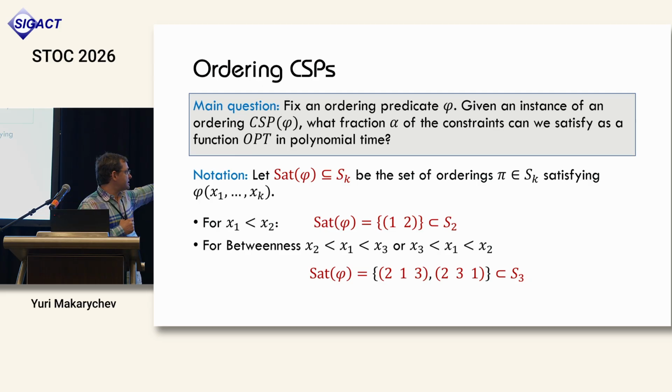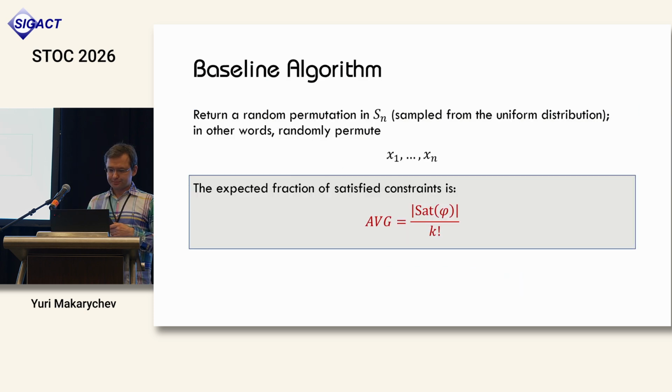And for the betweenness predicate, the set of satisfying orderings consists of 2 permutations, 2, 1, 3, and 2, 3, 1. So you can see that for any satisfying solution, x1 is at the second position. Therefore, here, pi of 1 in this set is always 2 for both permutations.